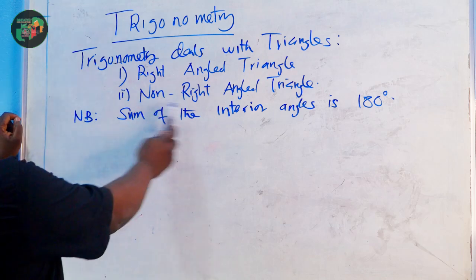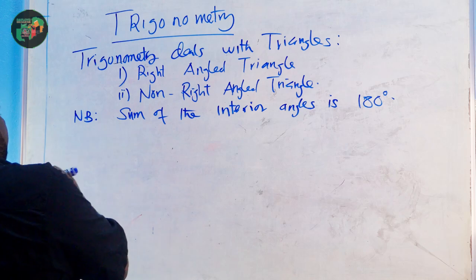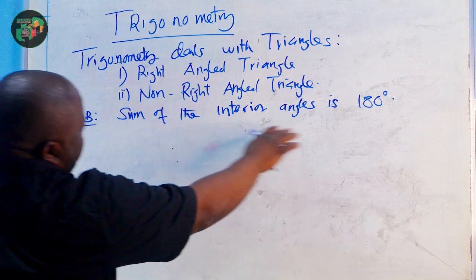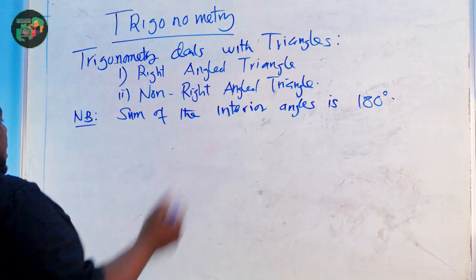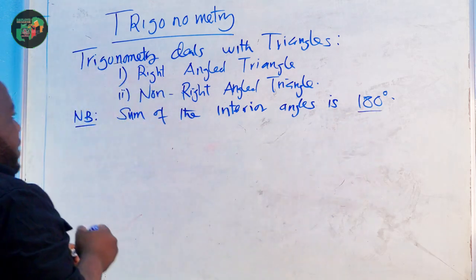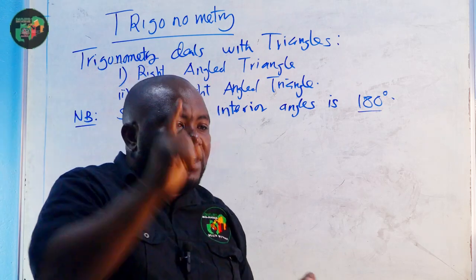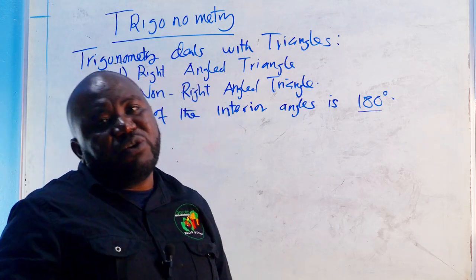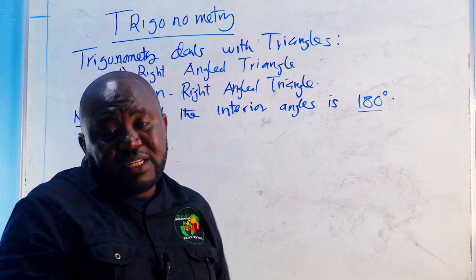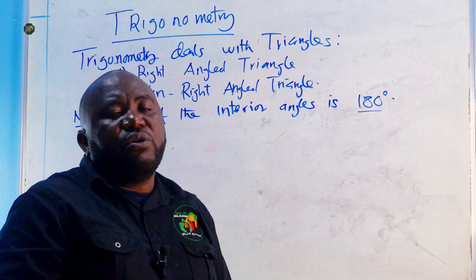a right angle triangle and a non-right angle triangle. And a note which is very important is the sum of the interior angles is 180 degrees. However, the types of triangles which we know of are obtuse angle triangle, right angle triangle, isosceles triangle, equilateral triangle.